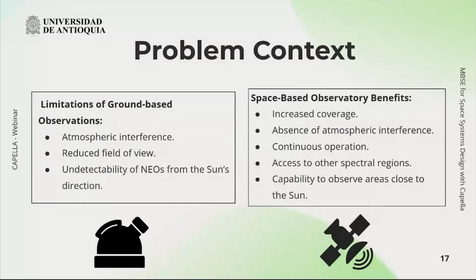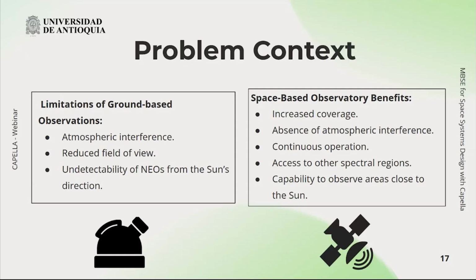Well, yeah, there are many limitations with ground-based observation, as you can see here: atmospheric interference due to weather conditions, reduced field of view, and detectability of NEOs coming from the sun's direction. That is the target of this specific observatory, those NEOs.